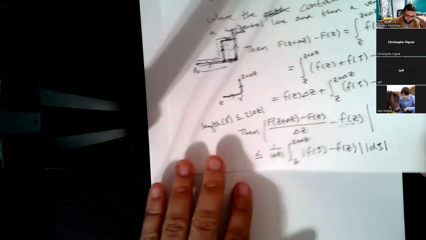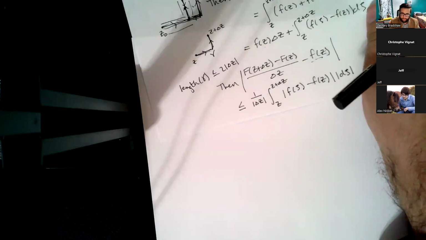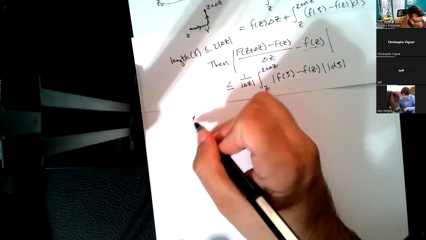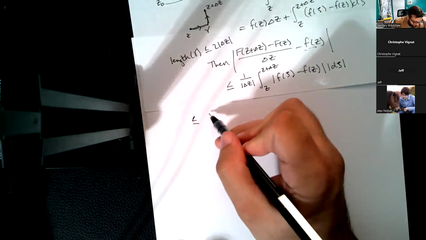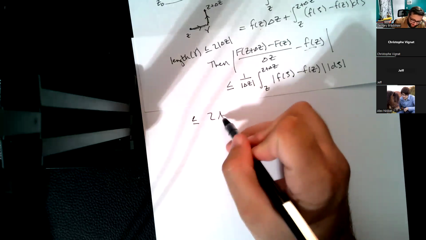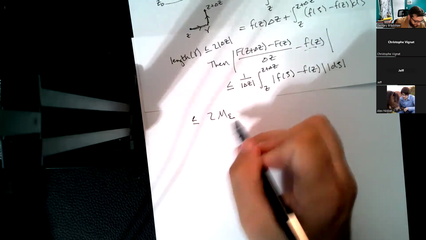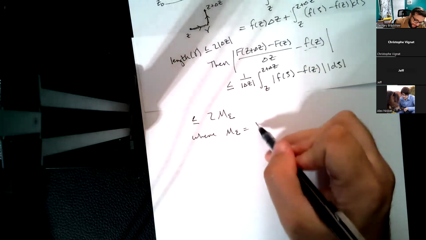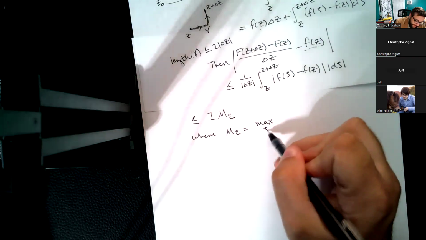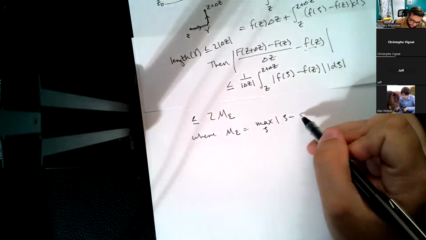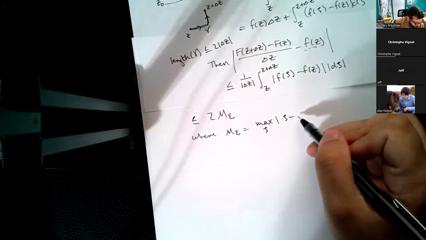And this is less than or equal to 2 m epsilon, where m epsilon is the maximum over zeta of the modulus of zeta minus z. Wait a minute.